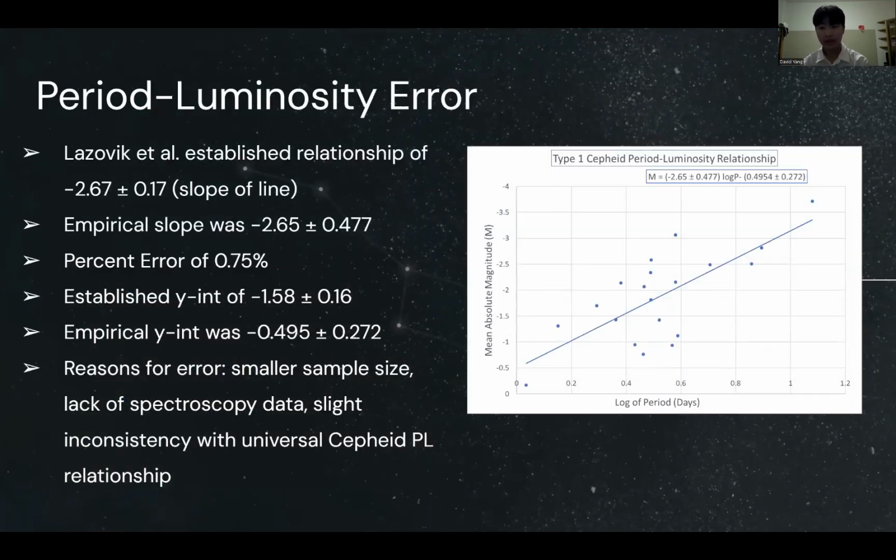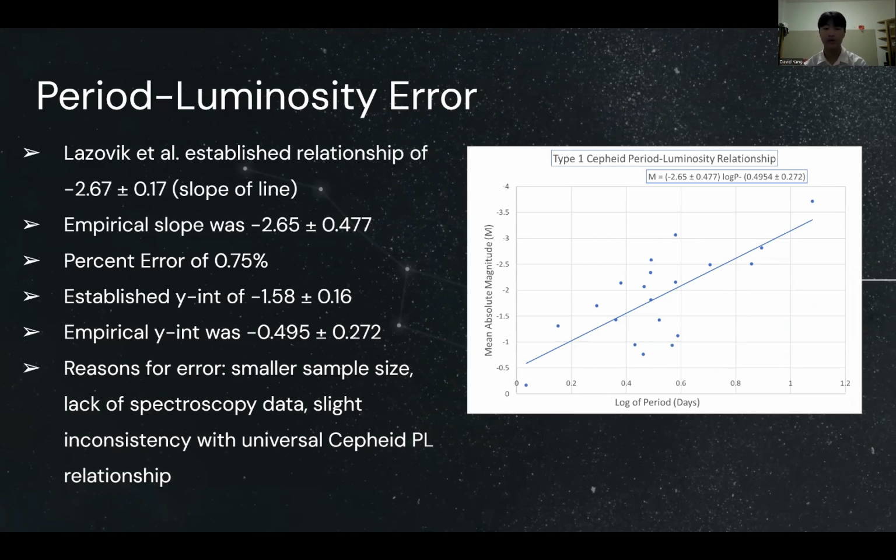And as for the accuracy of our own Cepheid period luminosity relationship, we looked at a different study by Lazovic et al., which also established a period luminosity relationship. And the slope of their trend line was negative 2.67 plus minus 0.17.